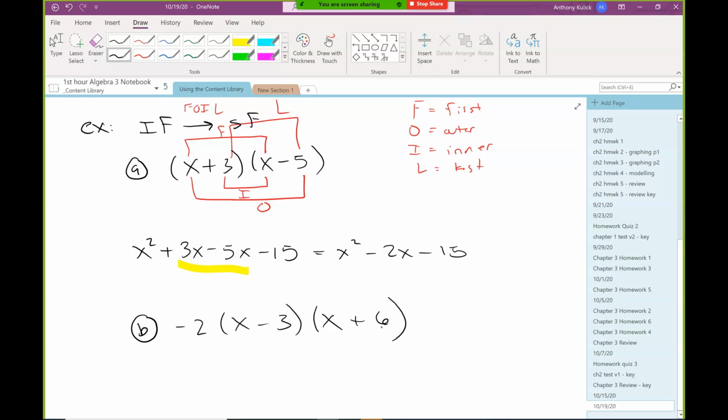So again, here's another intercept form. And this one's a little bit different because we have this -2 out front, right? So what are we going to do with that -2?